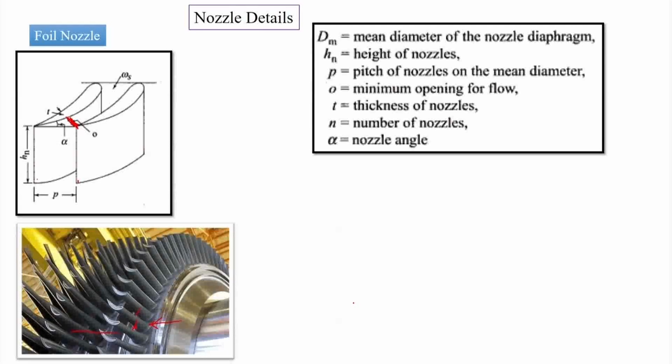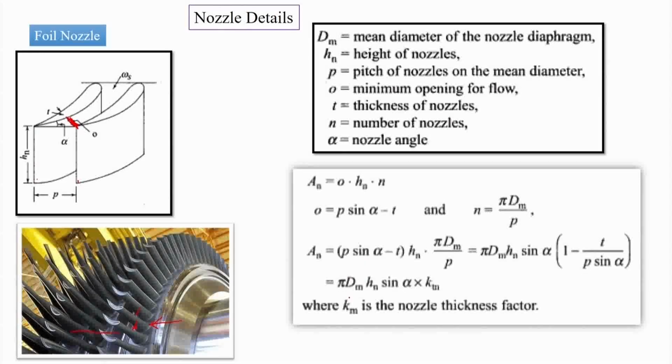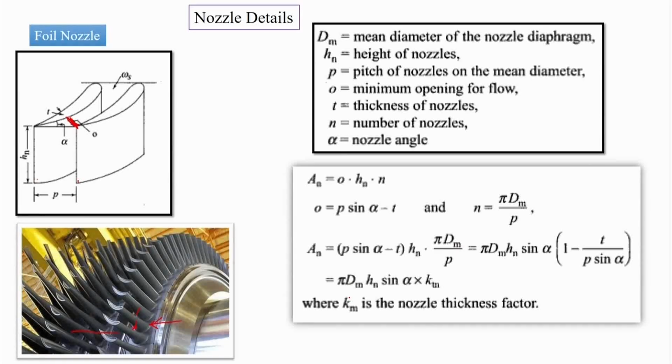So this terminology is given over here, and knowing this terminology we can find out different quantities which are required, which is the area exposed to the flow, which is O into Hn into the number of such nozzles around the perimeter of the turbine. So O is equal to P sin alpha minus T, that is, P sin alpha minus thickness.